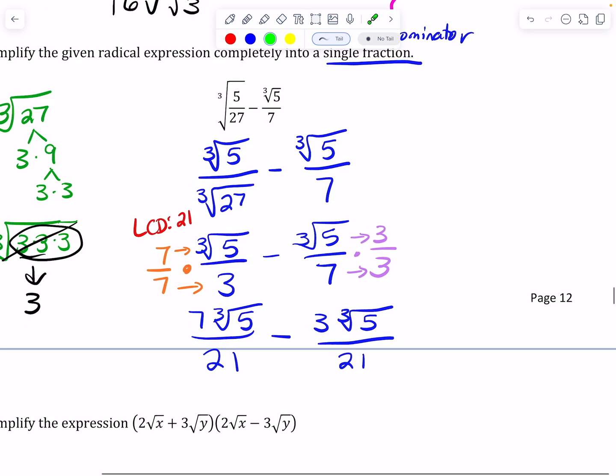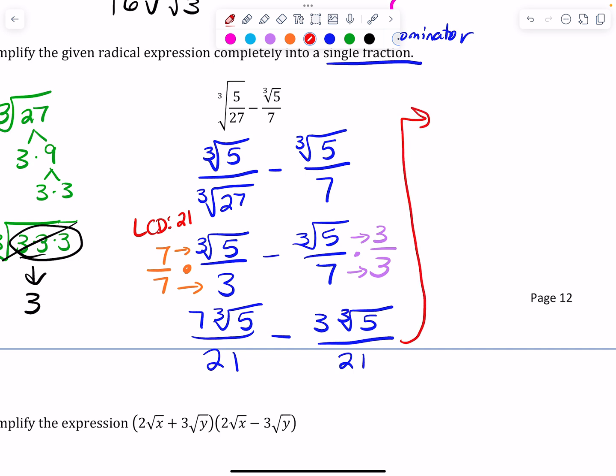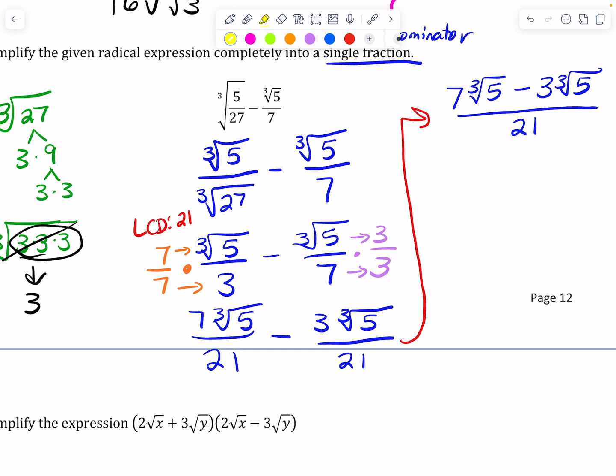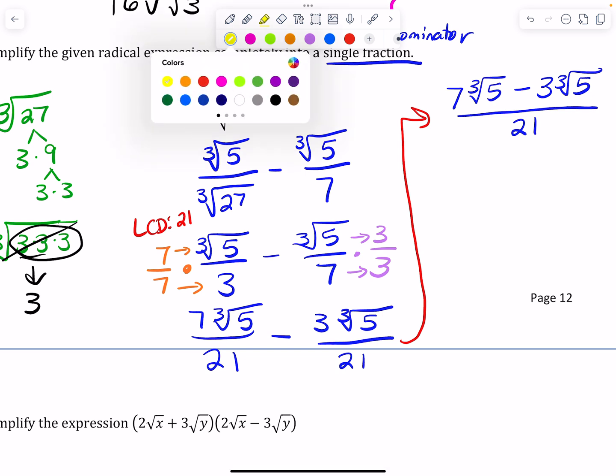So now we do have a common denominator, and we can take this equation. We're going to come up here, and we end up with 7 cube roots of 5 minus 3 cube roots of 5 all over that common denominator. And then we can see here that we have like radicals.